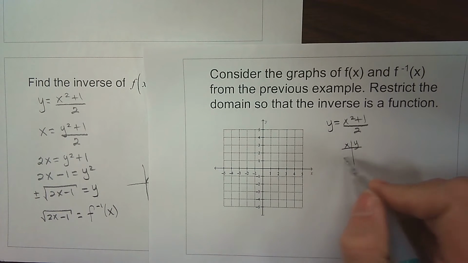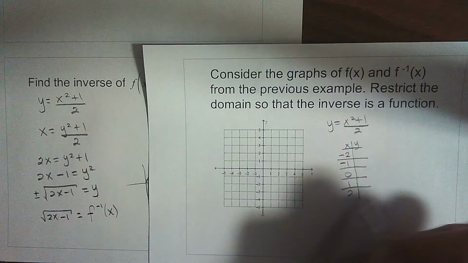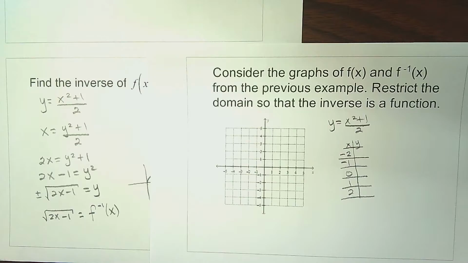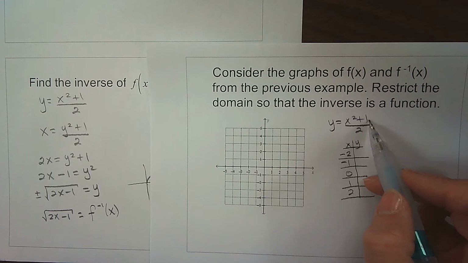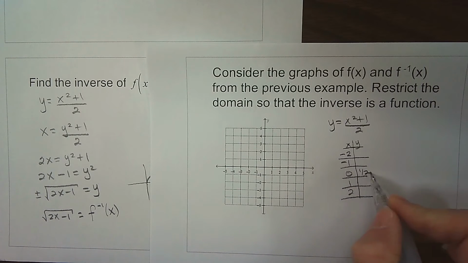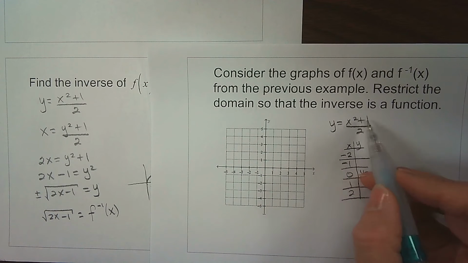Maybe I'll pick a couple of negatives and 0 and a couple of positives and see what we get for our outputs. All right, I'm going to start with 0. If I put 0 in here and square it, I get 0 plus 1. That's 1 over 2. A half is my output. Let's do positive 1. 1 squared would give me 1 plus 1 more.